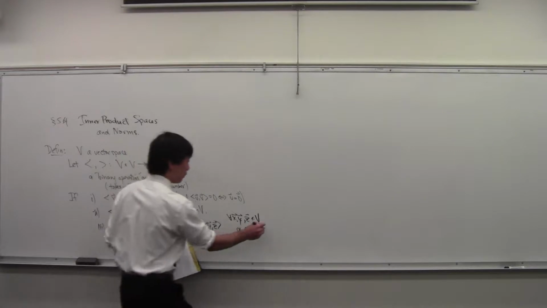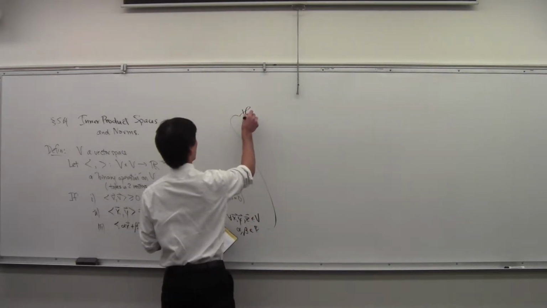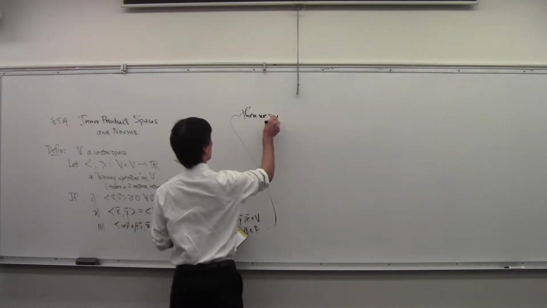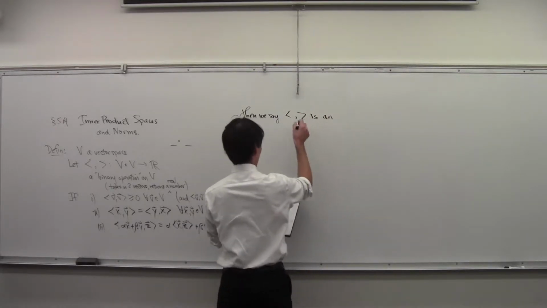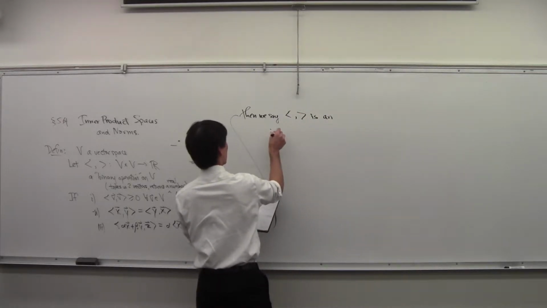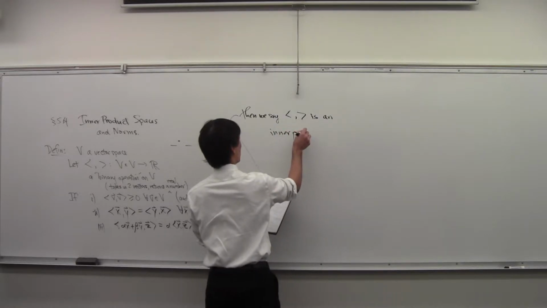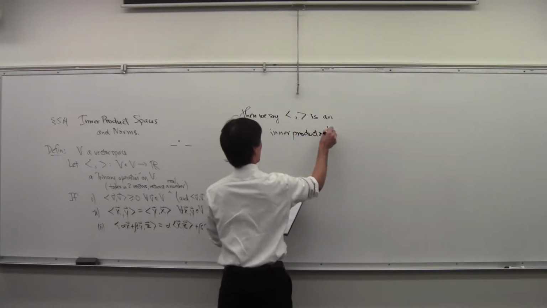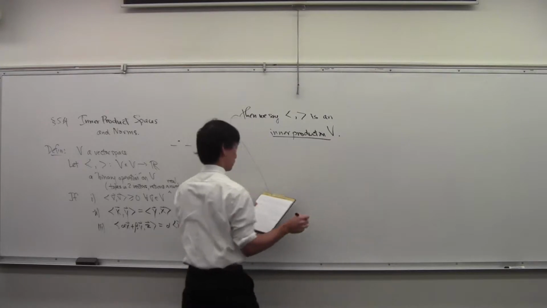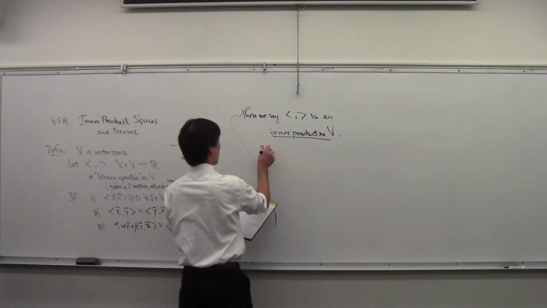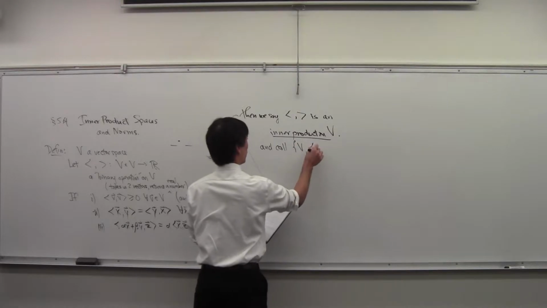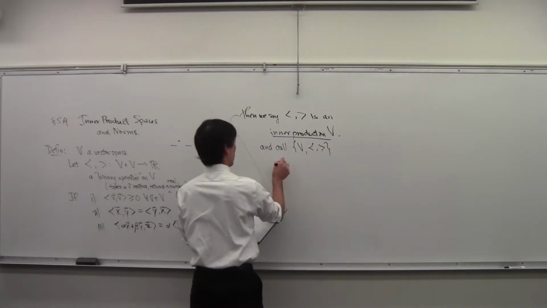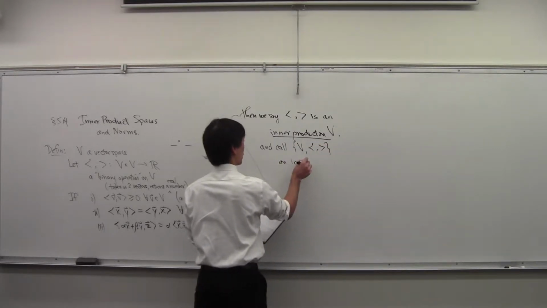If all these things happen, then we say that this binary operation is an inner product on V. Okay, and we call V with this inner product an inner product space.